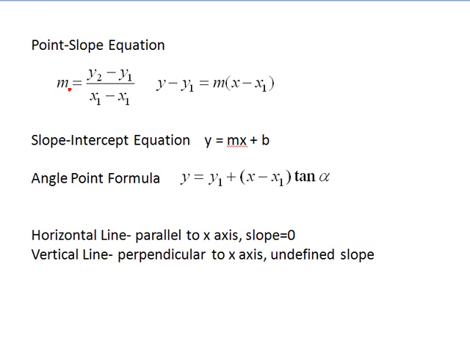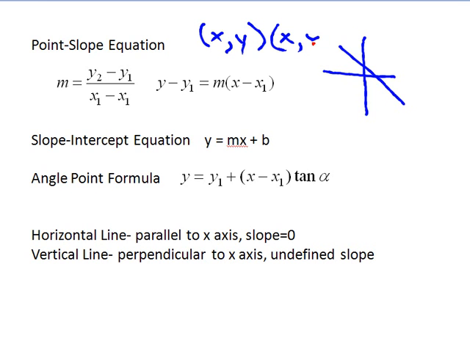M stands for the slope. When we're doing a graph, we have a line, and that line has a slope. That line can have 2 points on it, an X and a Y. And then we have our second point here, an X and a Y. This can be referred to as X1, Y1 and X2, Y2.